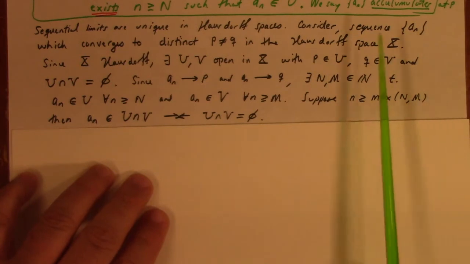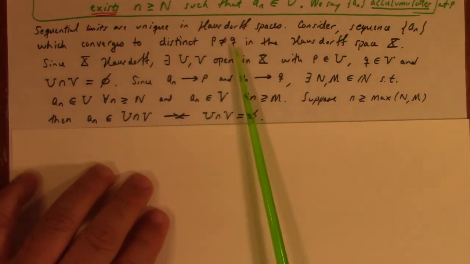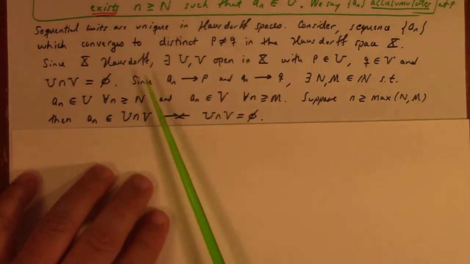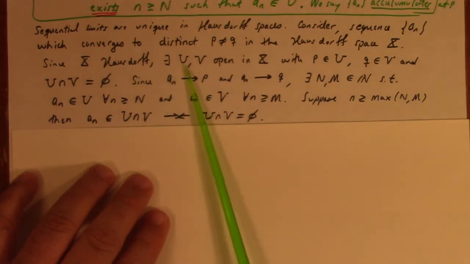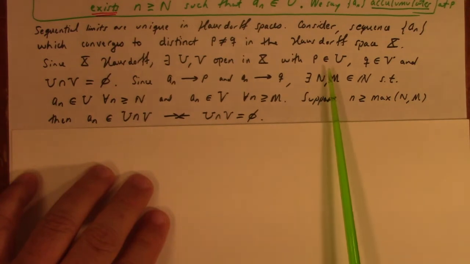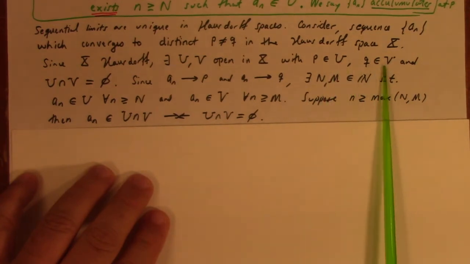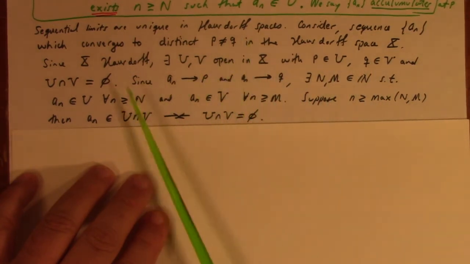So if you have a sequence that converges to a point P and a point Q where they're not equal, then what that means is that there exist U and V open such that P is in U and Q is in V, and they separate P and Q, right?